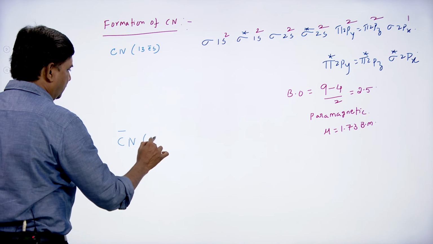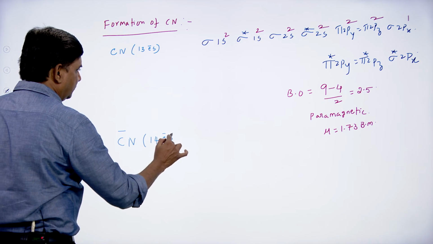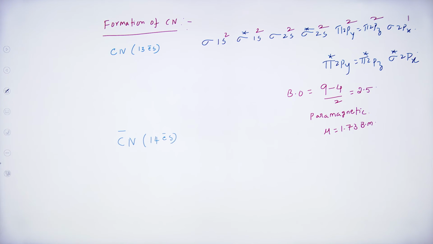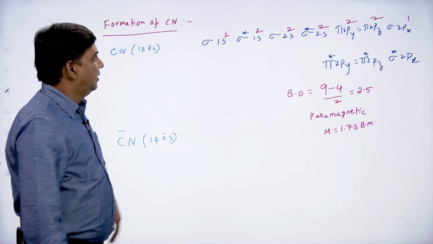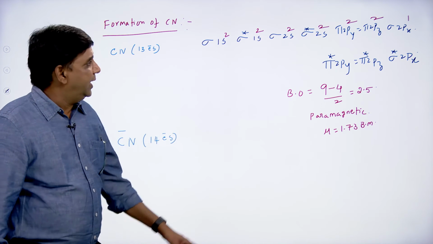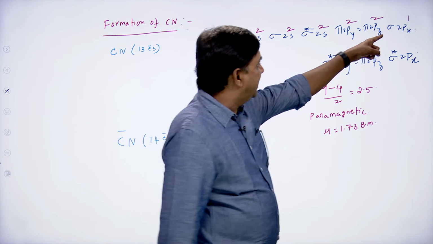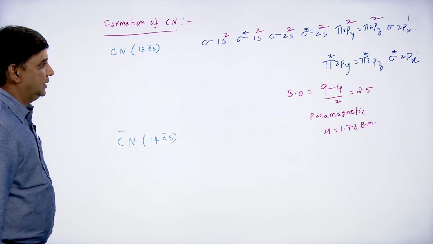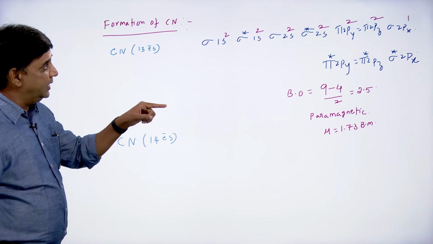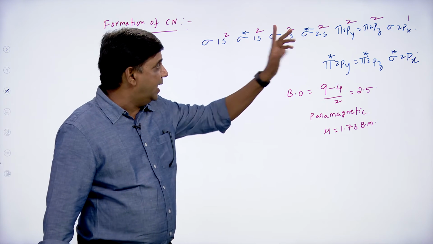CN minus, 14 electrons. 14 electrons means what would be the bond order, students? One more electron will be added here. See here, this becomes sigma 2px2. For CN minus, one more electron is added there.